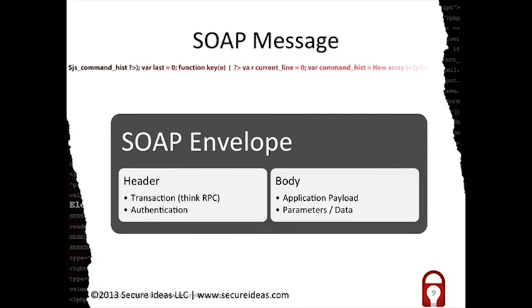And it also may contain, this is optional, any authentication for the SOAP request. And in the body, it's actually going to have the application payload itself. So that includes basically the parameters, the inputs into that function. And that's pretty much it. So from that aspect, when you look at it this way, it does seem kind of simple.